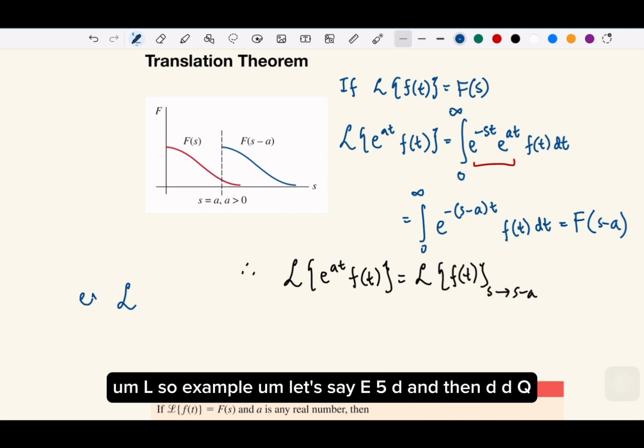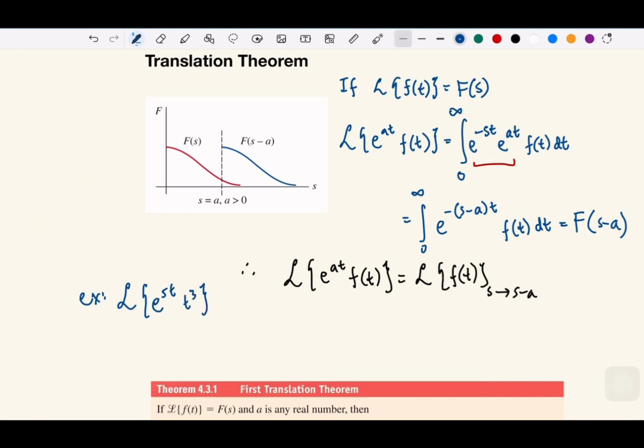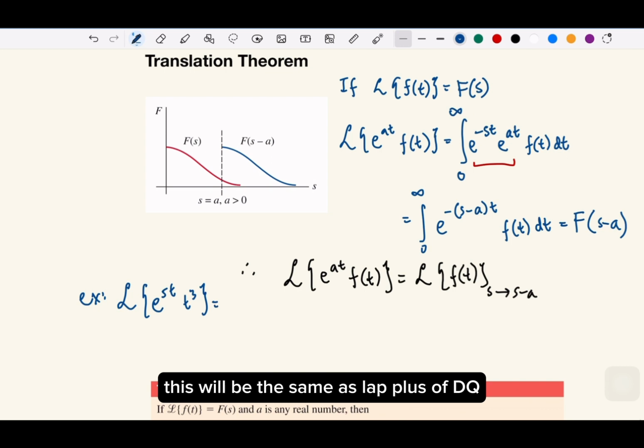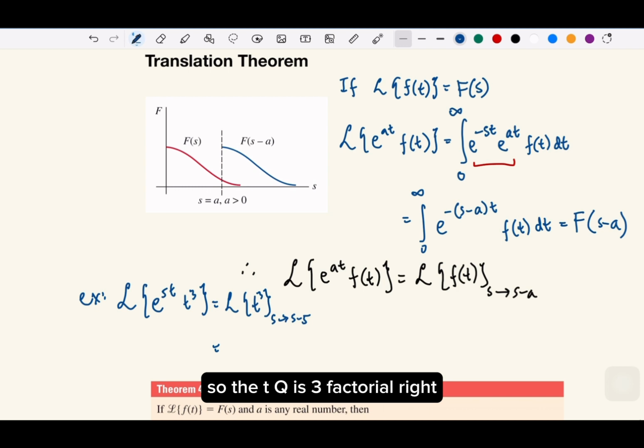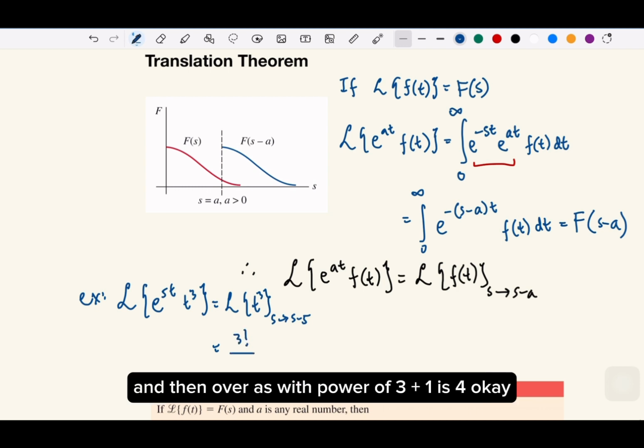Okay, so for example, let's say the Laplace of e to the 5t times t cubed. This will be the same as the Laplace of t cubed, but with s shifted to s minus 5. The Laplace of t cubed is 3 factorial over s to the power of 3 plus 1, which is 4.